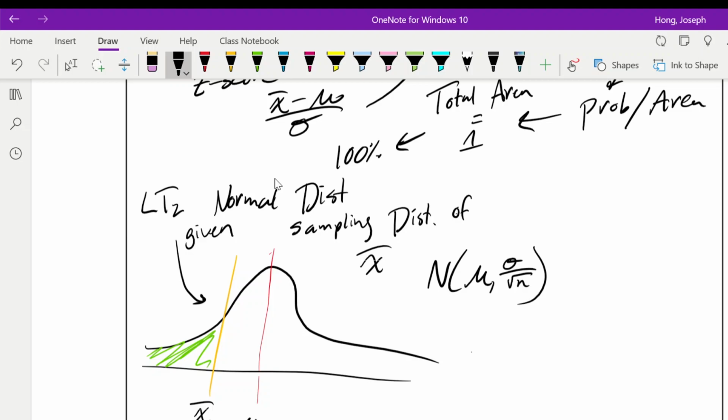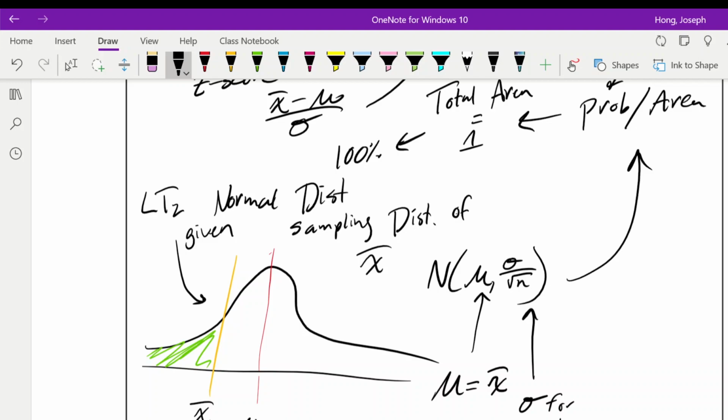The reason we can use the population mean is because we learned that the population mean is going to be similar to the sample distribution mean, and this of course is the standard deviation for samples, which is also known as standard deviation of x. And of course we're going to use the area, the things that we talked about above.